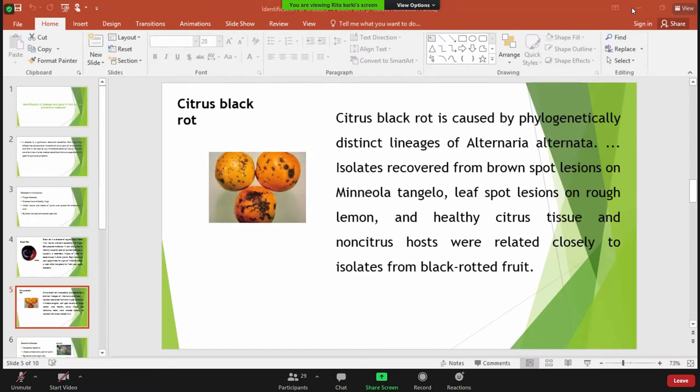As you can see, the black spot can be seen on the fruits of a larger number of citrus plants, oranges, lemons, and many other citrus fruits in our surrounding area that generally get attacked by this type of disease, that is citrus black spot disease.